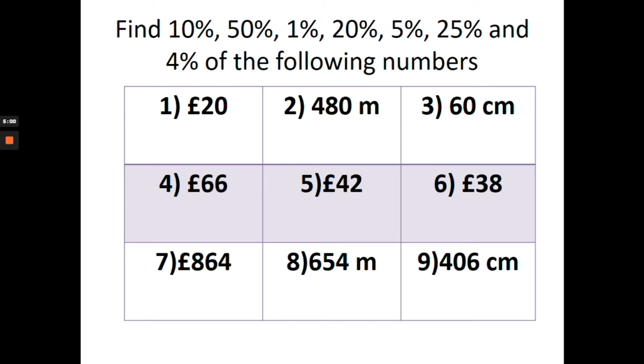There are two 10% in 20%. So if you work out 10%, times it by 2, you will get 20%. To get to 5%, you can half 10%. So if you work out 10% first, then halve it, that will give you 5%.